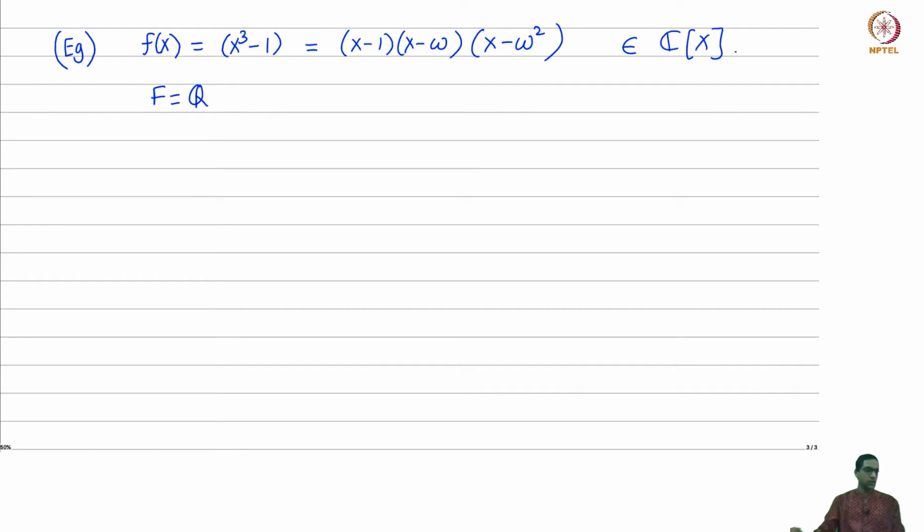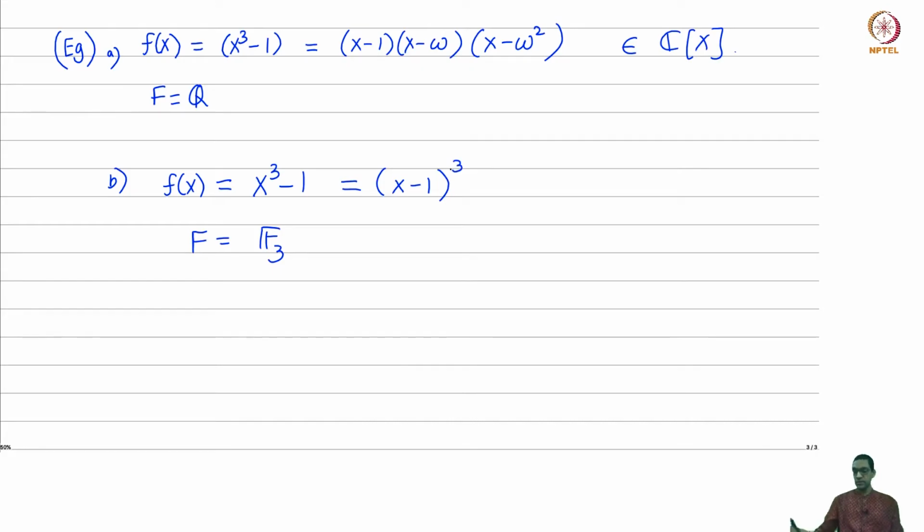So here's an example of a separable polynomial, and here's a non-example of a separable polynomial, the very same polynomial, but considered over the finite field F3, where, as you know, it just splits as x minus 1 the whole cube.